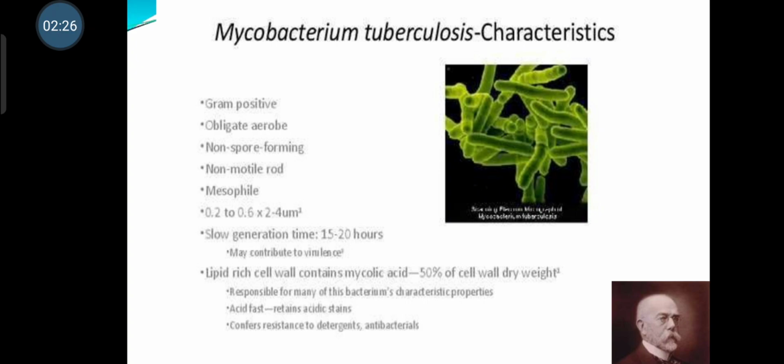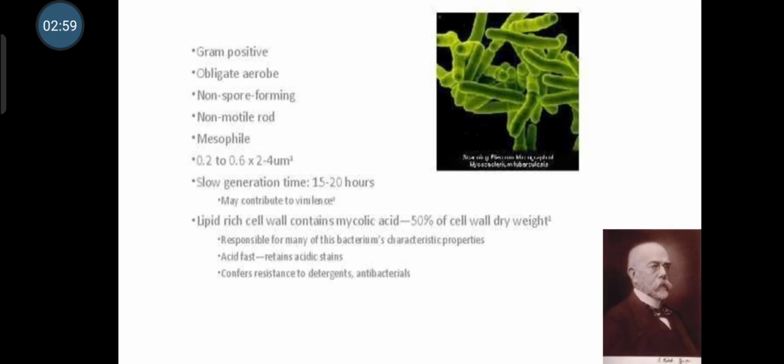It is an acid-fast bacterium and stains with acid stain, and it also gives resistance to detergents and antibacterials. Normal bacteria are killed by detergents or antibacterial drugs, but mycobacteria have mycolic acid in their cell wall, which protects them against detergents and antibacterials and is responsible for the characteristic properties of the mycobacterium.